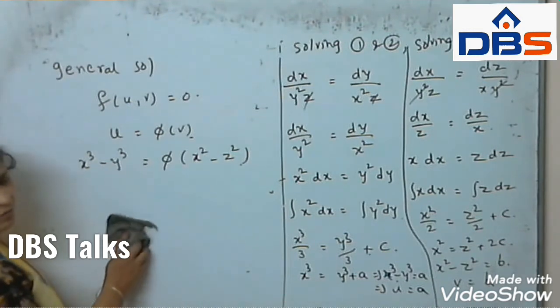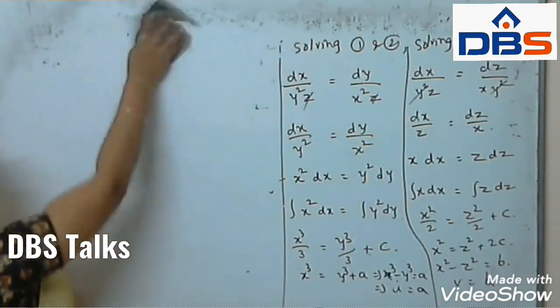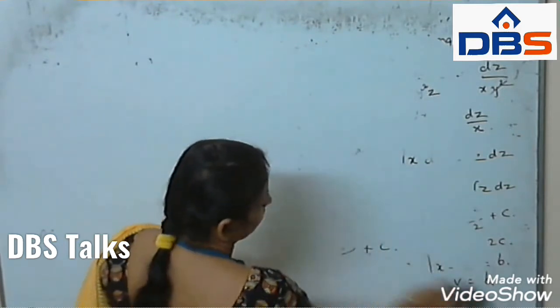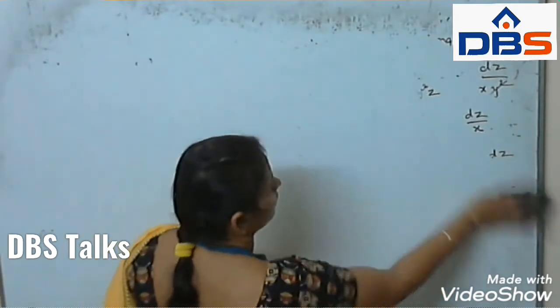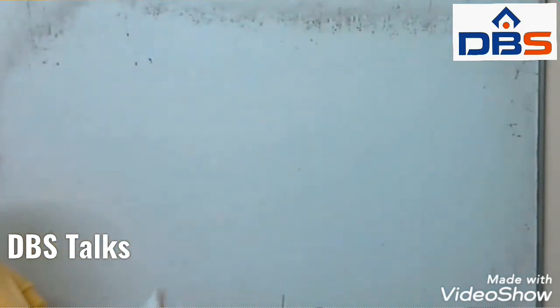U and v are functions of x, y, z. We have to find the functions u, v. That is the main motto for this problem, for this equation. If you find u and v, you got the solution.